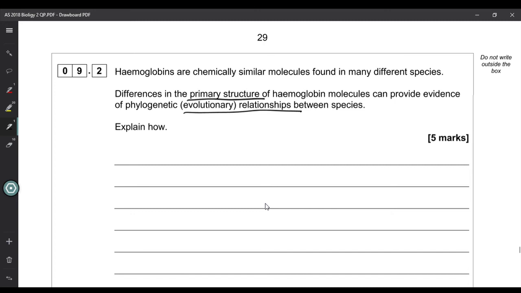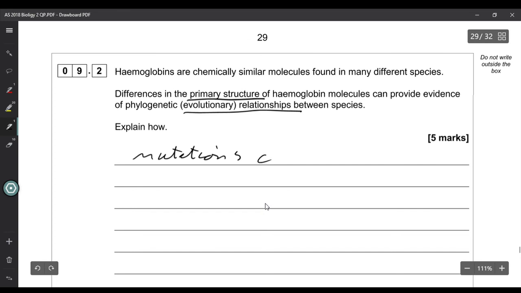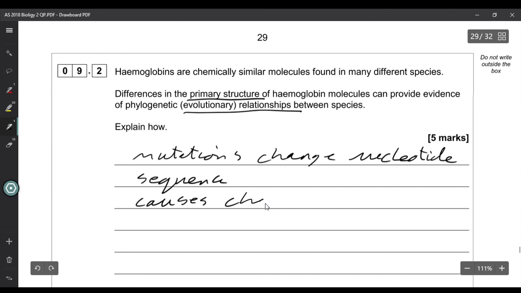So we can say that mutations change the nucleotide sequence, and this causes changes in amino acid sequence.